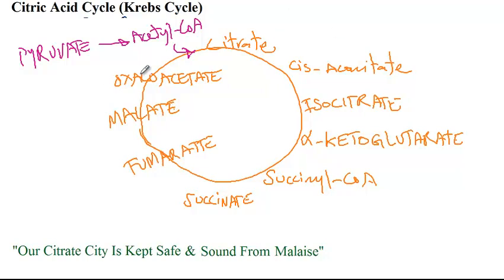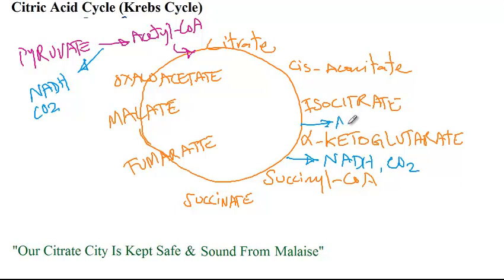So before entering the citric acid cycle, we got an NADH right here and a CO2.